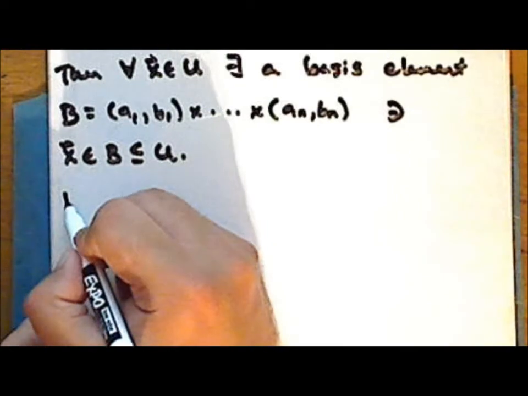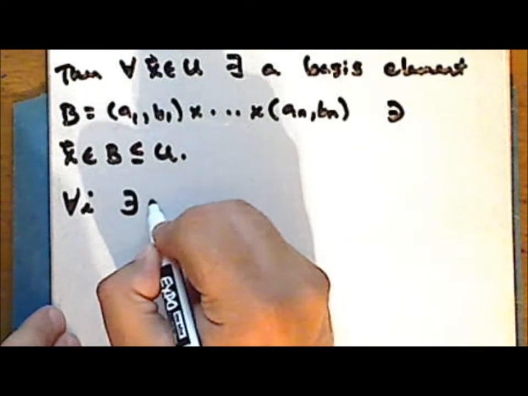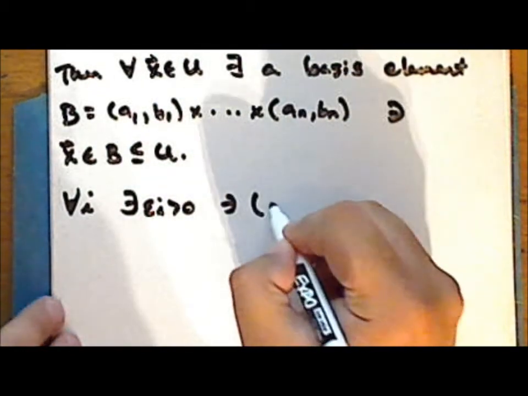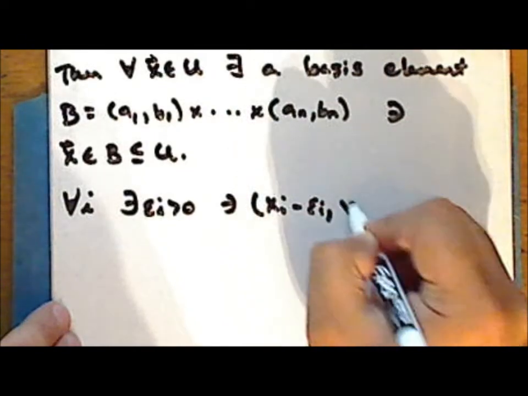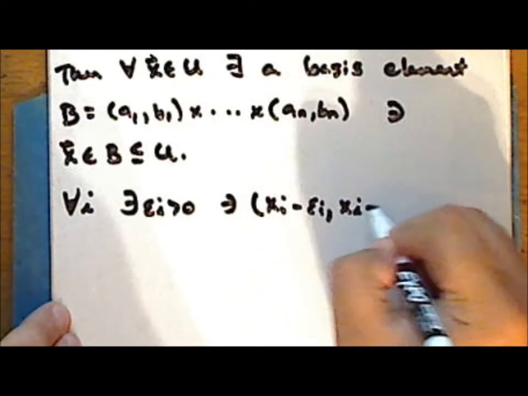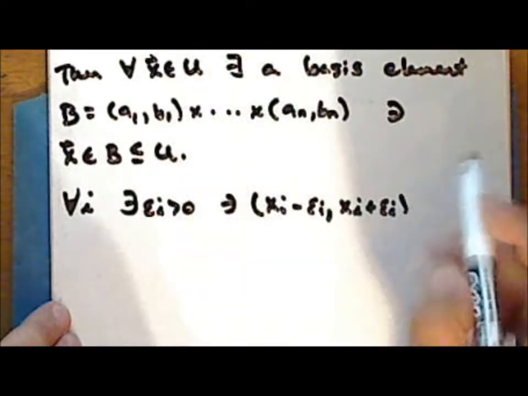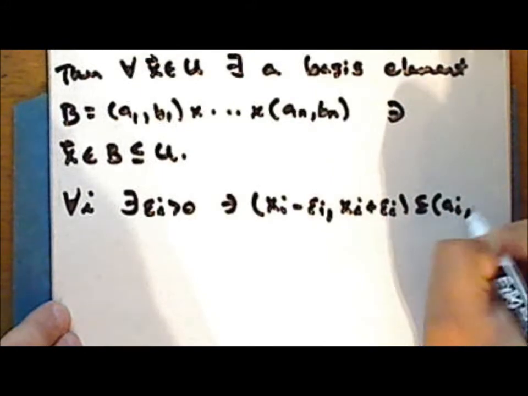Now for every index i, there exists an epsilon sub i, a positive value, such that x sub i minus epsilon sub i to x sub i plus epsilon sub i, that is the open interval, is a subset of the open interval from A sub i to B sub i.